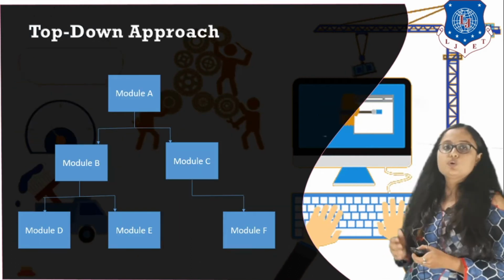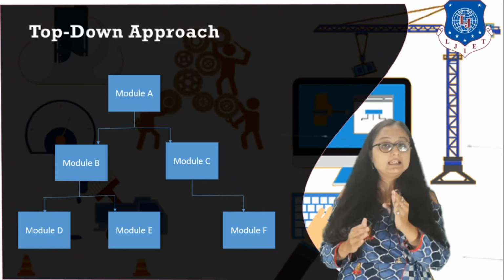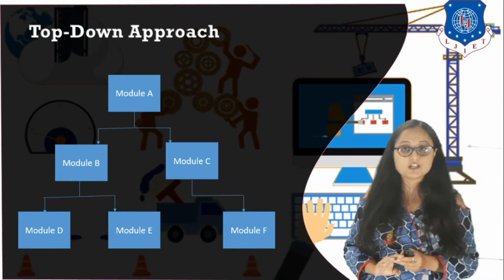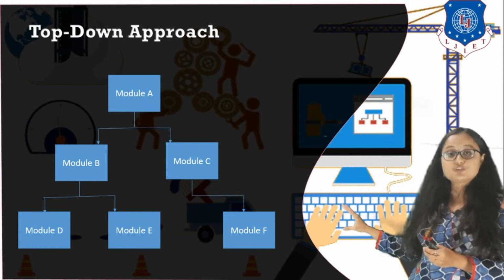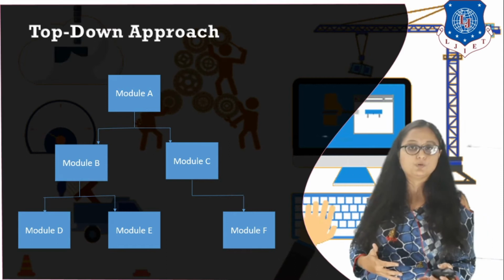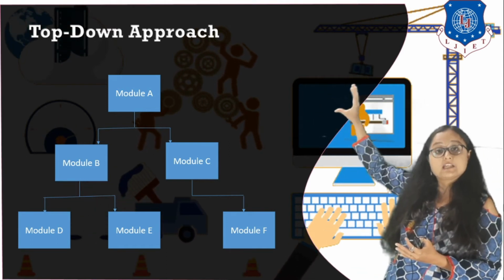The next approach is the incremental approach, and in the incremental approach, the approach that we are going to see is the top down approach, right? So this is a figure in which you can see that there is a hierarchy of dependency between the modules. Let us first understand this hierarchy. There is a module A which is on the higher level.